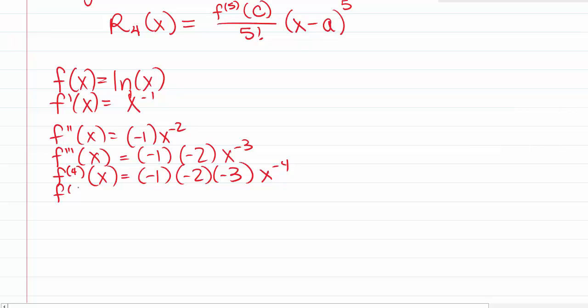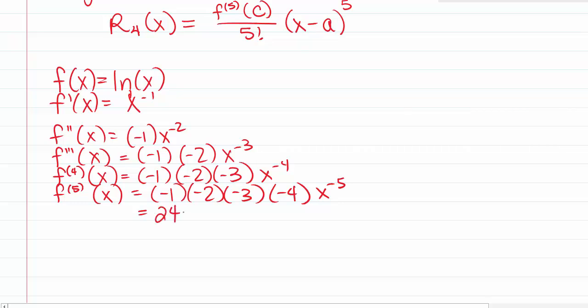And the fifth derivative at x, which is the one we need, was negative 1 times negative 2 times negative 3 times negative 4, x to the negative 5. So if we multiply all those together, we get 24 x to the negative 5 is our fifth derivative. So our fifth derivative at some point c is going to be 24c to the negative 5.